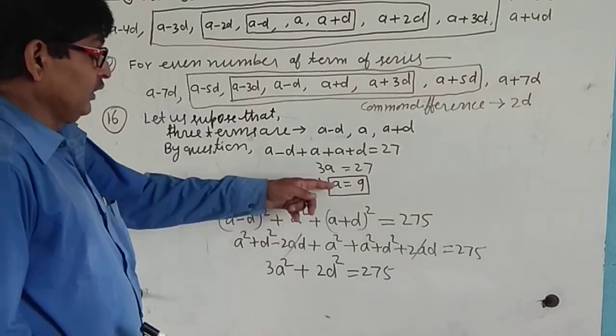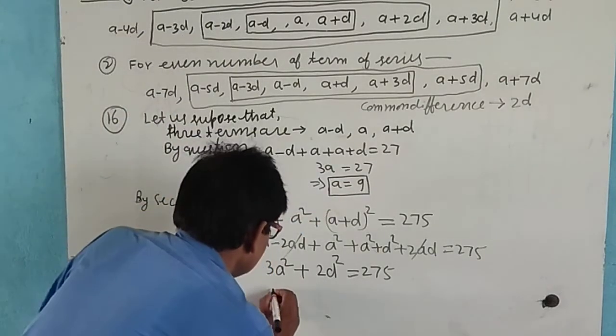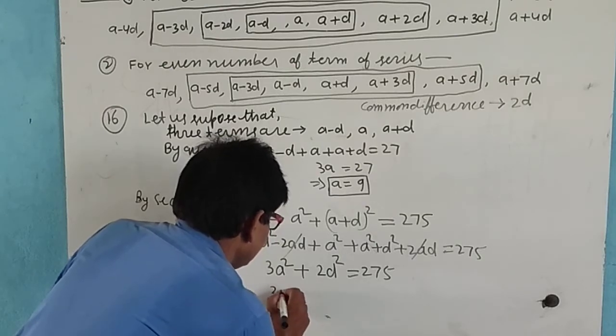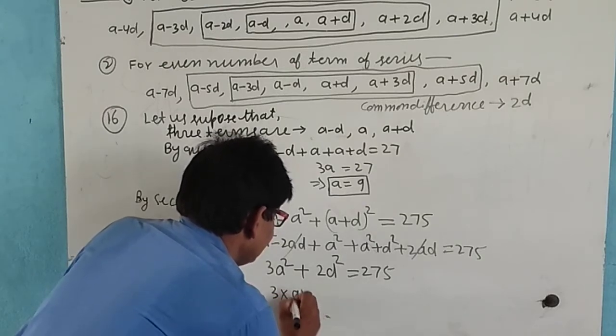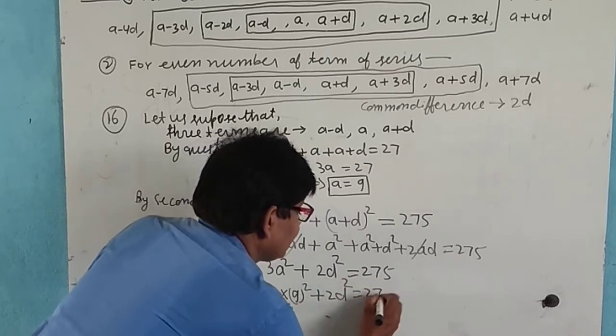As we see, A equals 9, so 3 into 9 squared plus 2D squared equals 275.